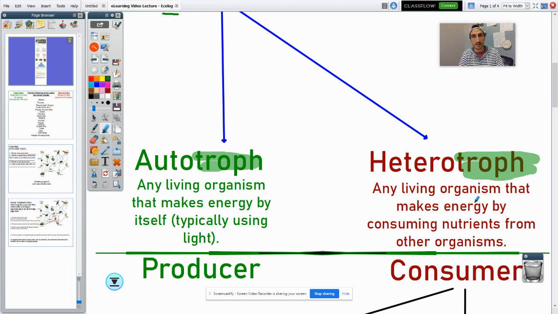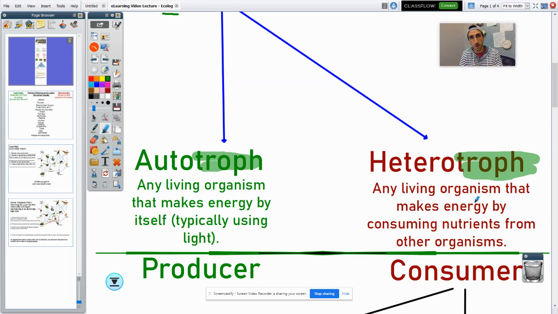But automatic means something does it by itself, right? So what organisms are autotrophic? Well, we say organisms are autotrophic if they receive their energy and make it themselves. They make their food by themselves, and we would call those plants. Plants equal autotroph for the most part.